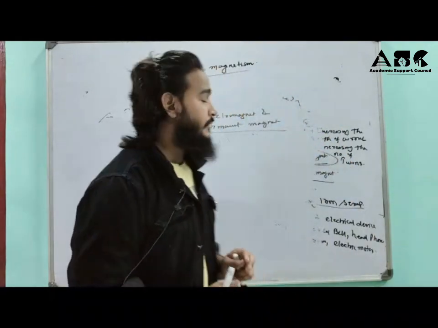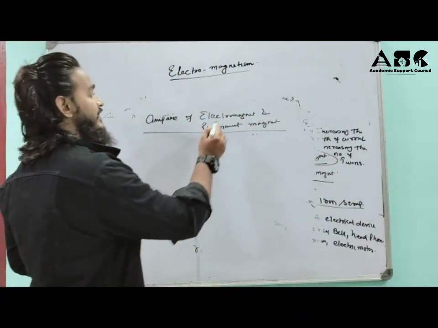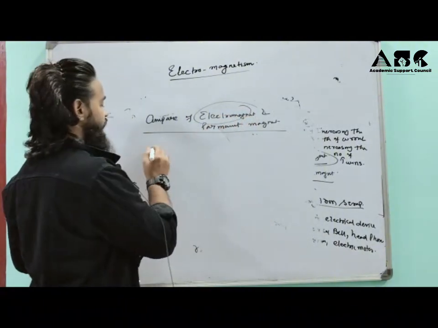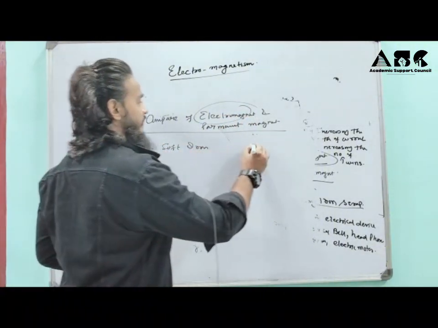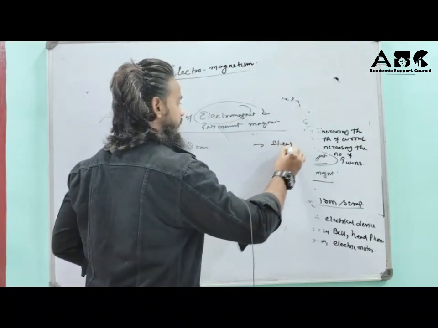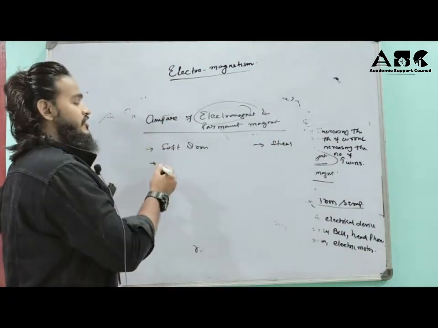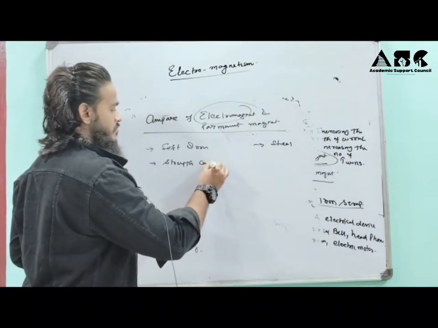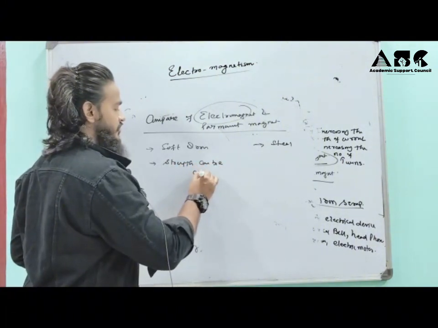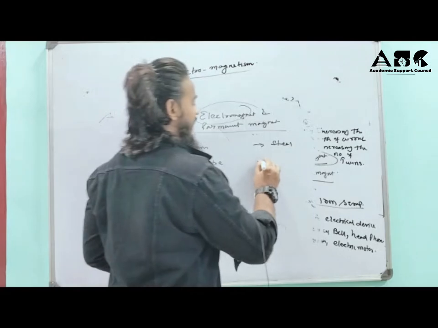Number 1, it is made of soft iron; it is made from steel. Number 2, the strength can be changed; strength cannot be changed.